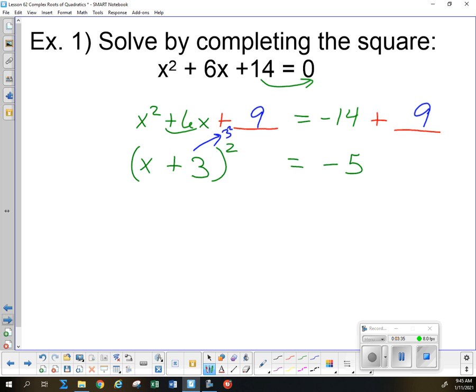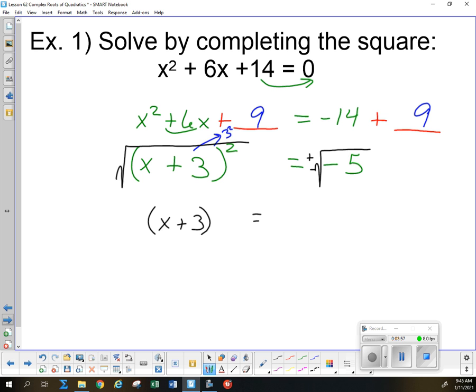And now we do our plus or minus square root method. So square root on the parentheses squared gives us just x plus 3. Square root undoes the square. On the right-hand side, we do the square root around the whole thing, so the square root of the negative 5, and we do a plus or minus.